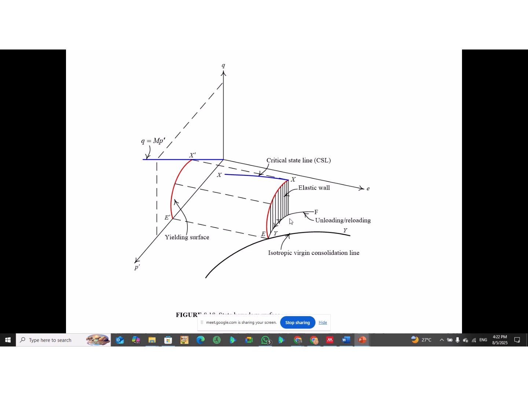The projection of that line on the QP space becomes the yield surface, as you can see in the illustration.